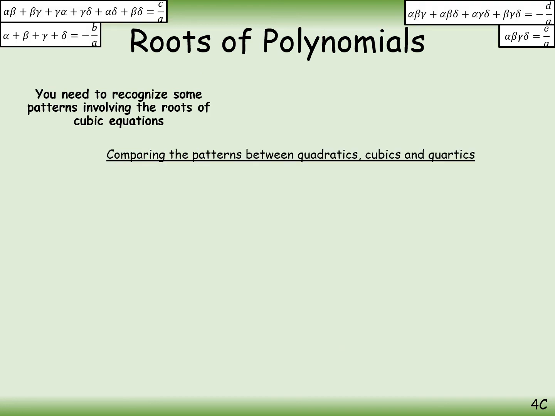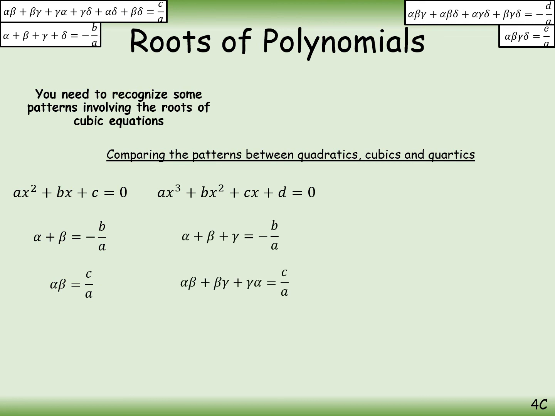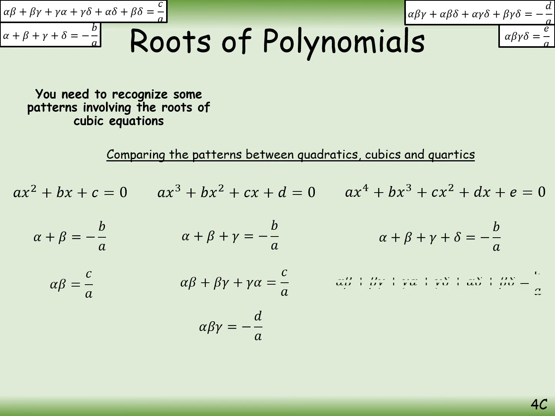So if we compare the patterns between quadratics, cubics, and quartics, we could see this, and this was on the previous slides, the quadratic and cubic. Now if you look at the comparison with quartic, you get the following.